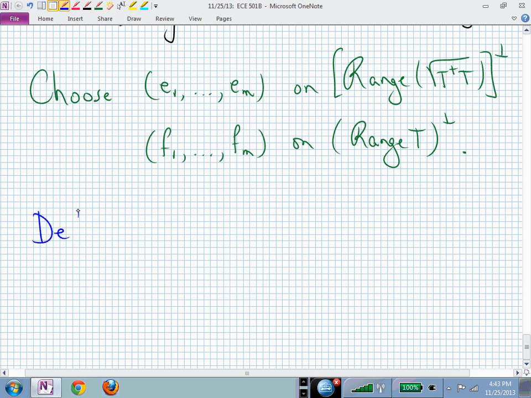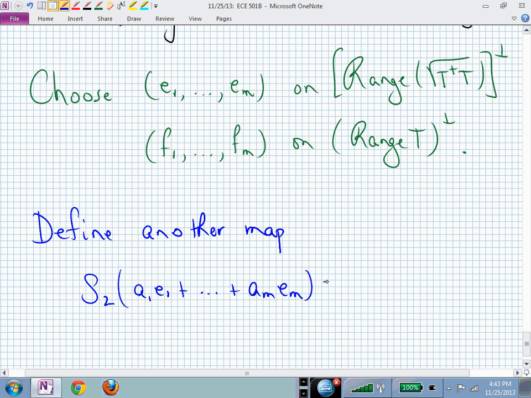So we're going to now define another map, and we'll call that S2, such that A1E1 plus dot dot dot plus, let's say, A sub m EM is equal to the same scaling factor, A1F1 plus A sub m F sub m.